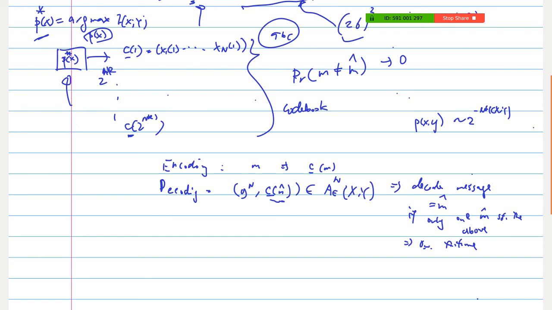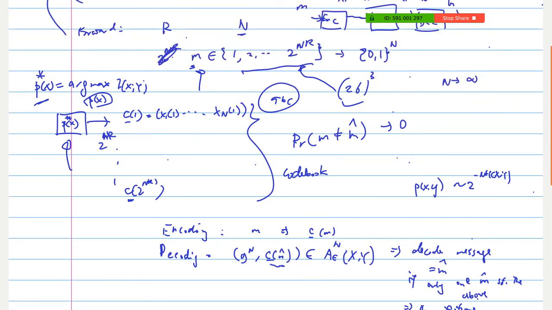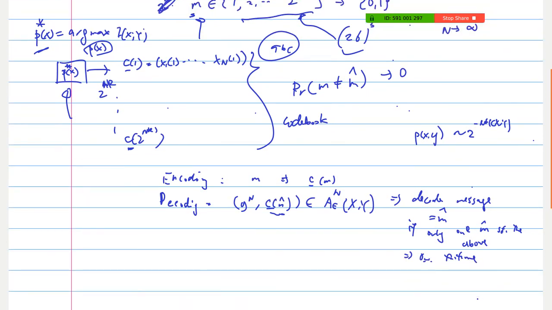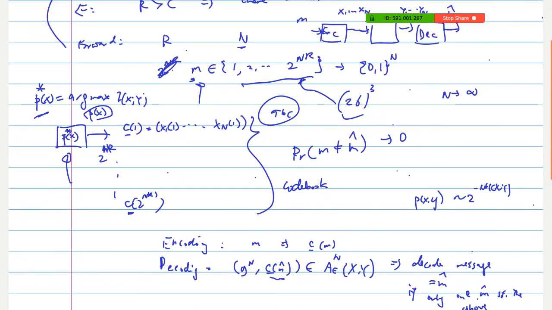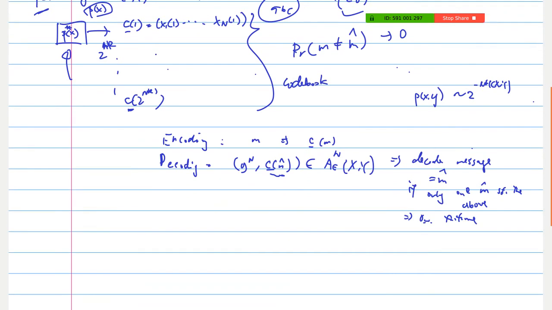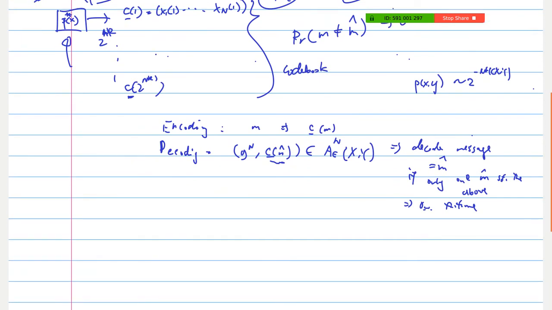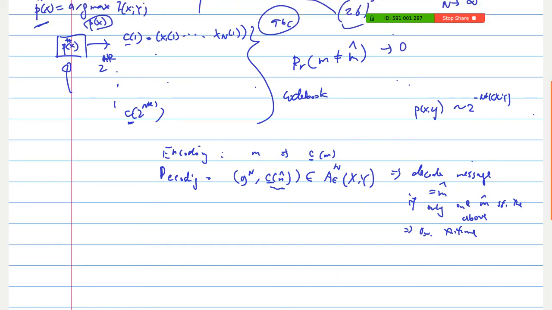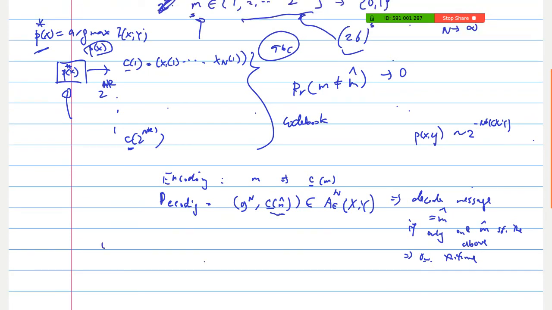So the whole point is we want to show that on average the error is very small. As long as R is less than C and n goes to infinity, then the error is very small. So this simple random codebook argument is sufficient: R less than C, and n should approach infinity.